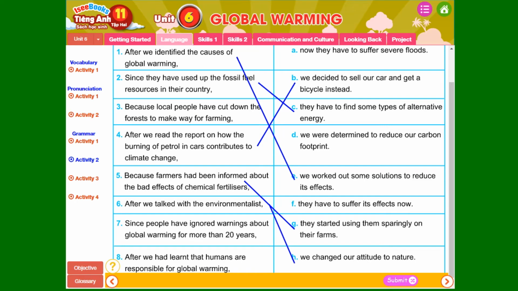Since people have ignored warnings about global warming for more than 20 years, so number 7 is with F. They have to suffer its effects now. And 8. After we had learned that humans are responsible for global warming, so number 8, we match with D. We were determined to reduce our carbon footprint.